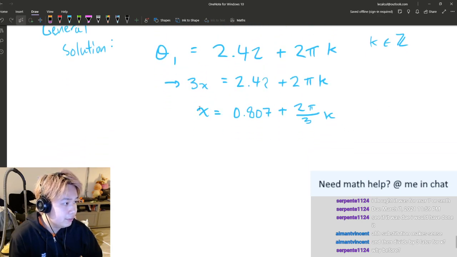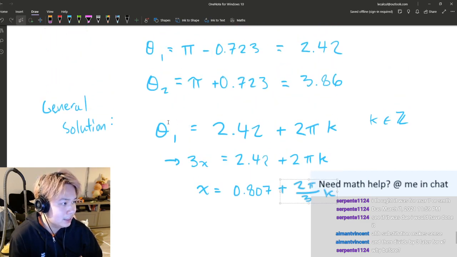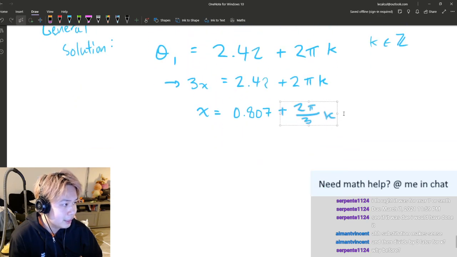So if I want to find the appropriate x that's related to theta 1, I need to take 0.807 and then I need to subtract 2 pi over 3 k, not 2 pi, because 2 pi is related to the theta answer. Hopefully that makes sense. So that's why you need to do it before.